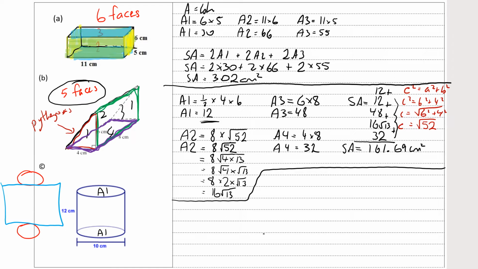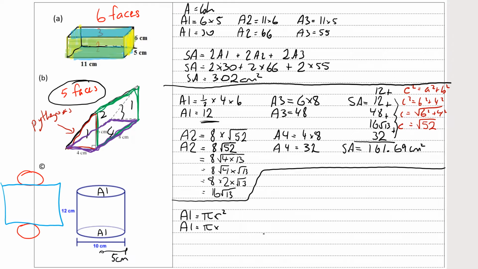All right, so back to our cylinder. We've got 2 area 1s. We're going to do that first. So area 1 equals pi r squared. Now we don't have the radius, we've been given the diameter is 10. So remember the radius is just half the diameter. The radius goes from the middle to the edge, which is 5 centimeters.